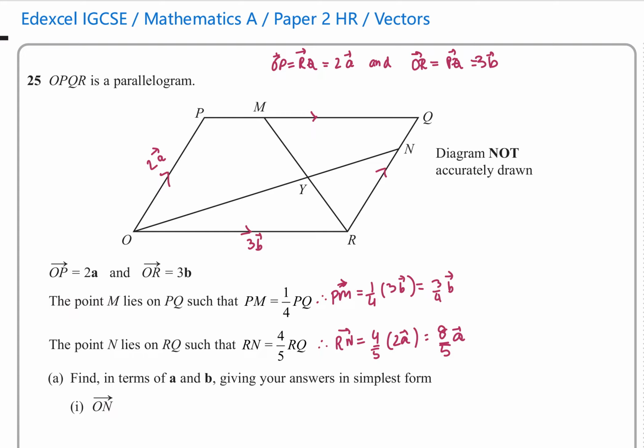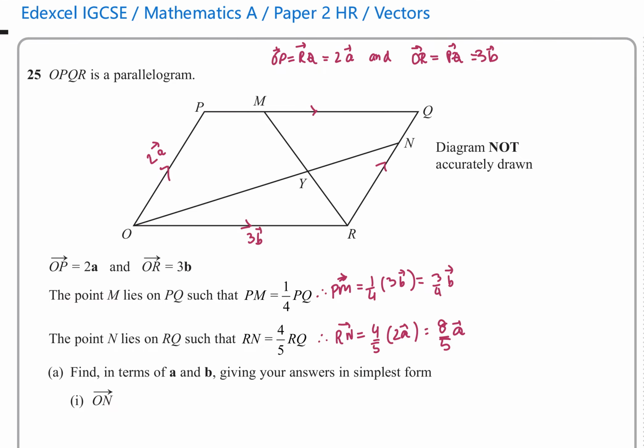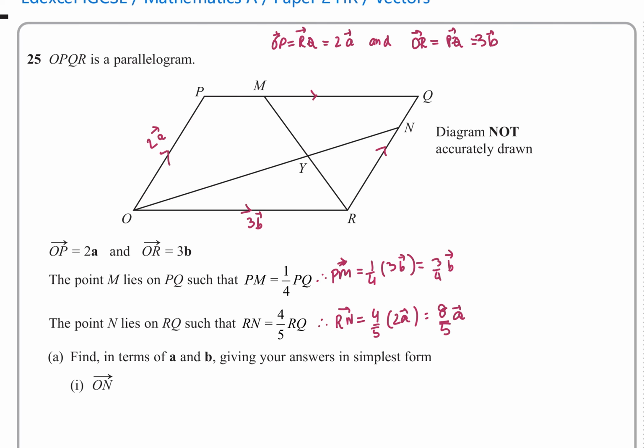Okay, so we know these things now. ON we can work out as ON is equal to OR plus RN. ON is in this direction. So ON is equal to OR plus RN.